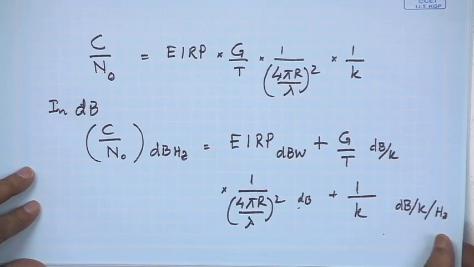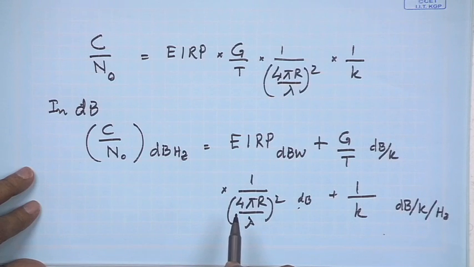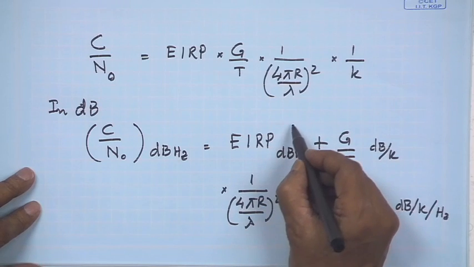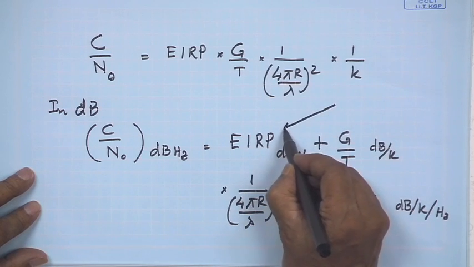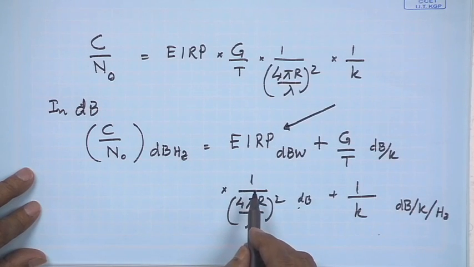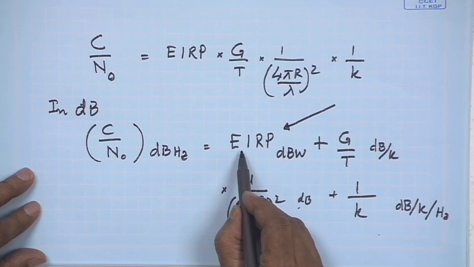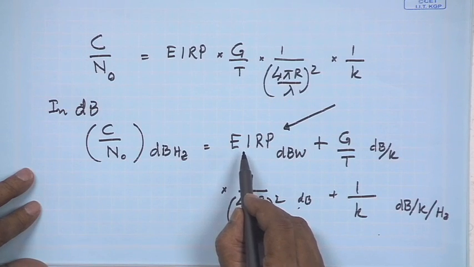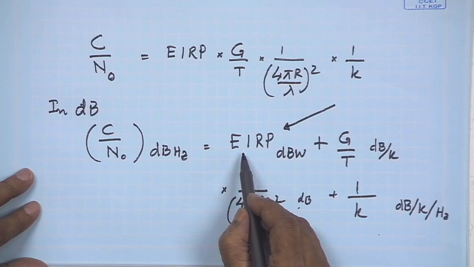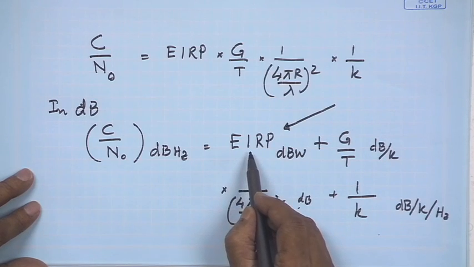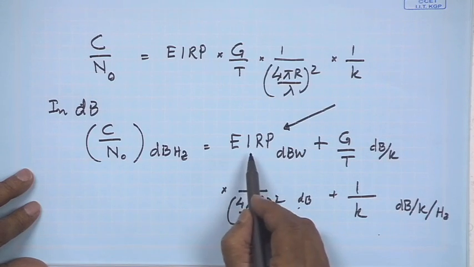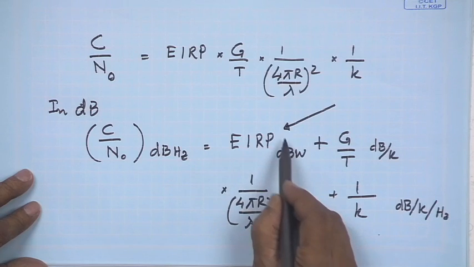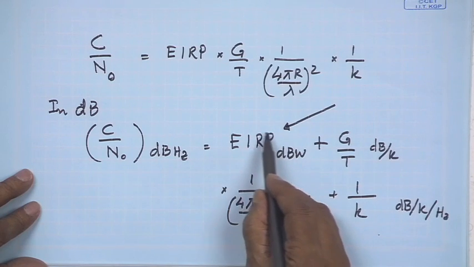Now, in this there are a couple of important things coming out, the characteristics. One characteristic is EIRP. EIRP, if you remember, is the multiplication of transmitted power and the transmit antenna gain, and of course the related losses like mispointing and the feeder loss from the power amplifier to the antenna, etc. All these things are there in the EIRP.